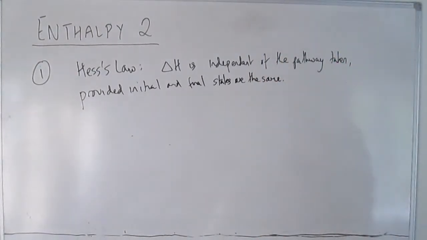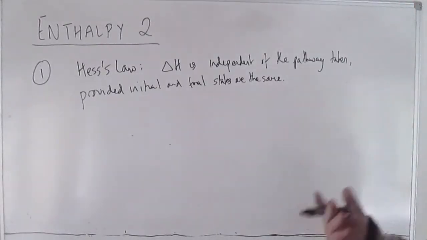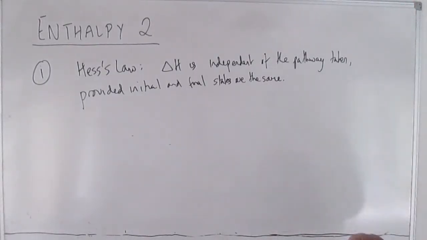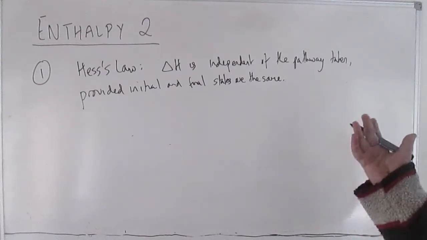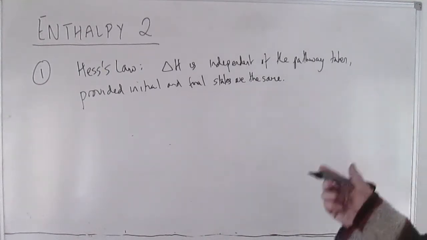So I think it's quite important to be clear what that means. So let's think about an analogy. If we think, instead of enthalpy for the moment, about altitude above sea level.